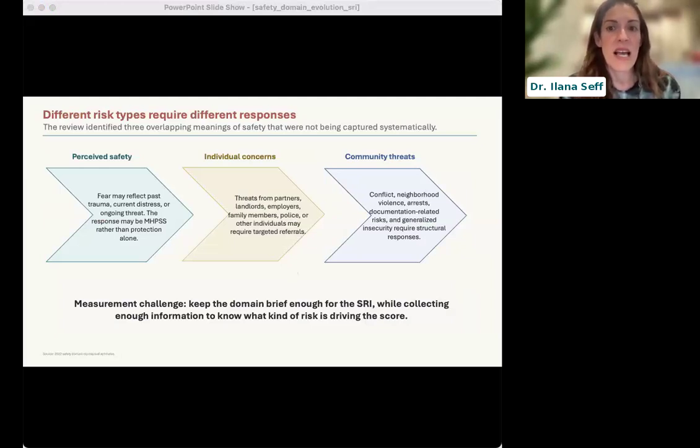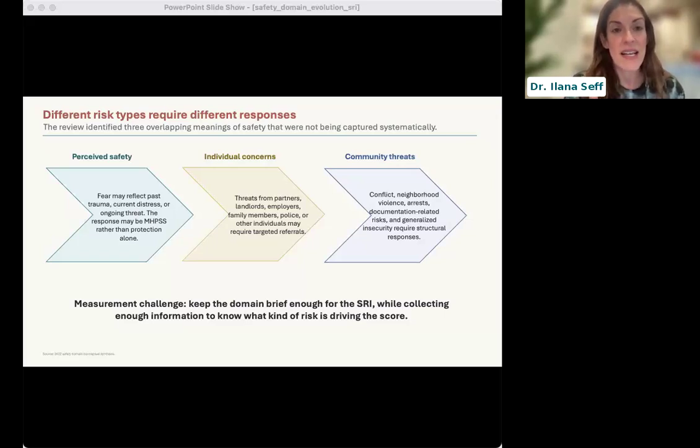So this was a fear that at least someone in the household had that reflected either an ongoing issue or past trauma, and that residual fear was impacting their ability to seek opportunities. And so that's important to understand if that's the safety issue, because that would really require a mental health and psychosocial support referral as opposed to a protection referral alone.